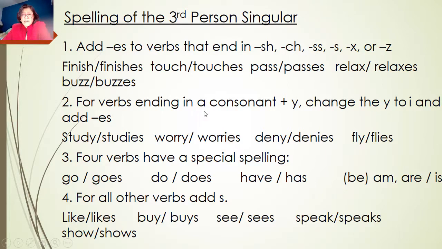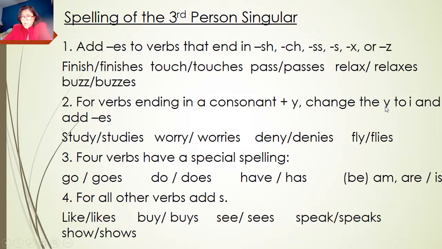For verbs ending in a consonant plus a Y, change the Y to an I and add ES. Study, studies. Worry, worries. Remember, you have a consonant before the Y. If you don't have a consonant before the Y, for example, in play, there's absolutely no need to change anything. It's played, ed at the end, and that's it. Okay?